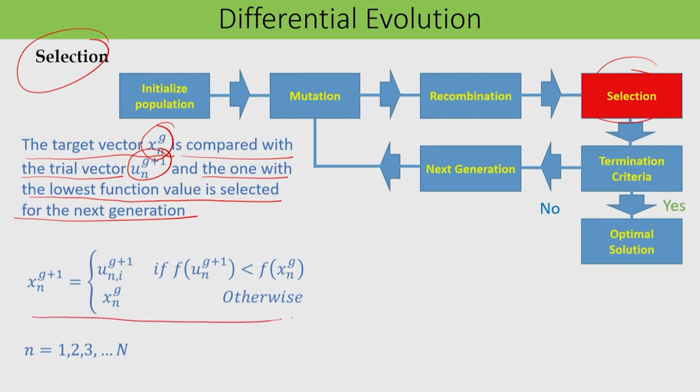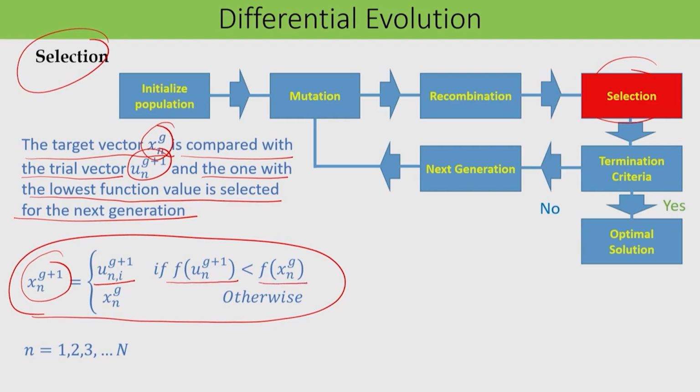So, x i, z plus 1, for the next generation, will be equal to the trial vector if the function value of the trial vector is less than the function value of the target vector, or otherwise we will keep the target vector, and this process will continue for i equal to 1 to n.